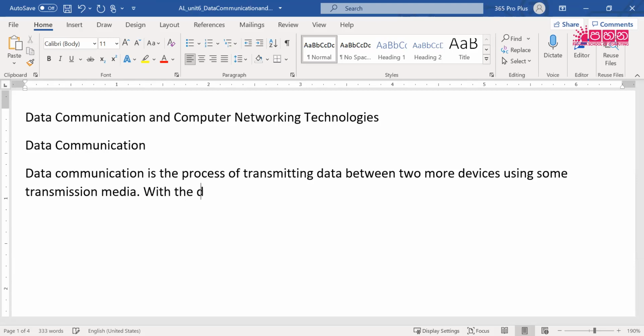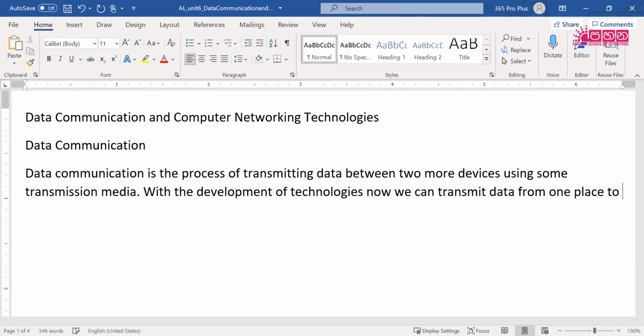With the development of technologies, now we can transmit data from one place to another place within a couple of seconds, right?